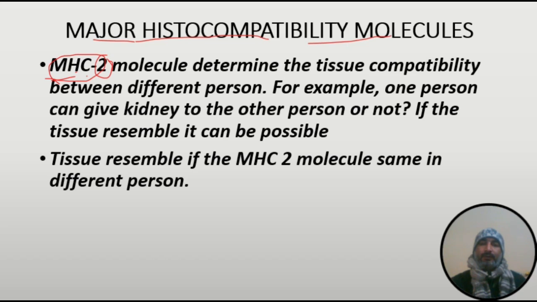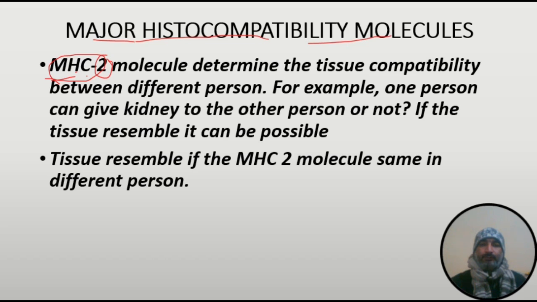Actually, they decide the compatibility of the tissue. For example, if one person has MHC class 1 and class 2 molecules similar to another person's, we say that they are compatible and the tissue resembles each other, and they can donate one kidney or another organ to the other person.